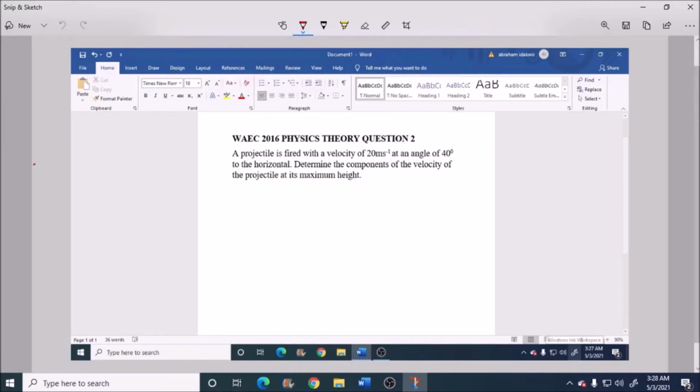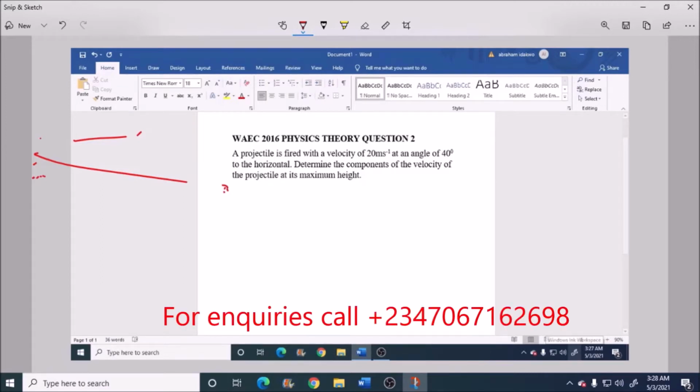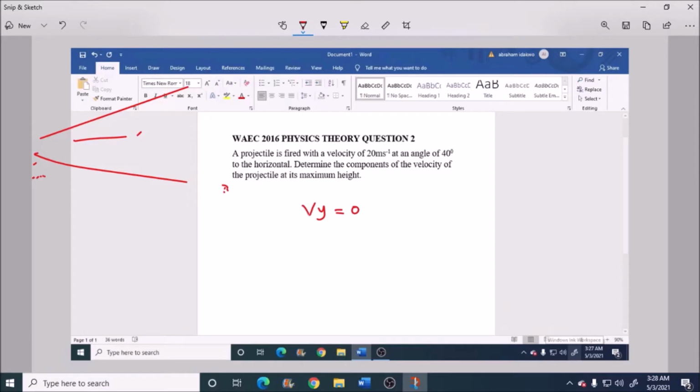So Vy is equal to 0, and then we have Vx is equal to u cos theta. We have initial velocity to be 20 meters per second, and then we have theta to be 40 degrees to the horizontal.